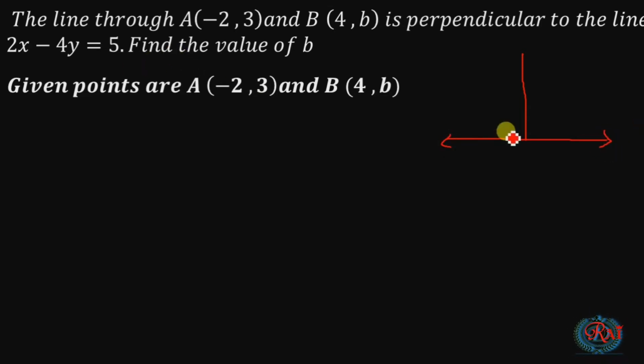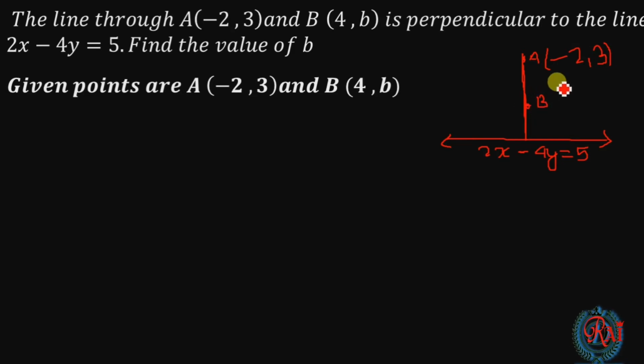Equation of this line is 2x minus 4y is equal to 5, and this other line passes through a point A, which is equal to minus 2 comma 3, and another point, let's consider here B, which is equal to 4 comma b.